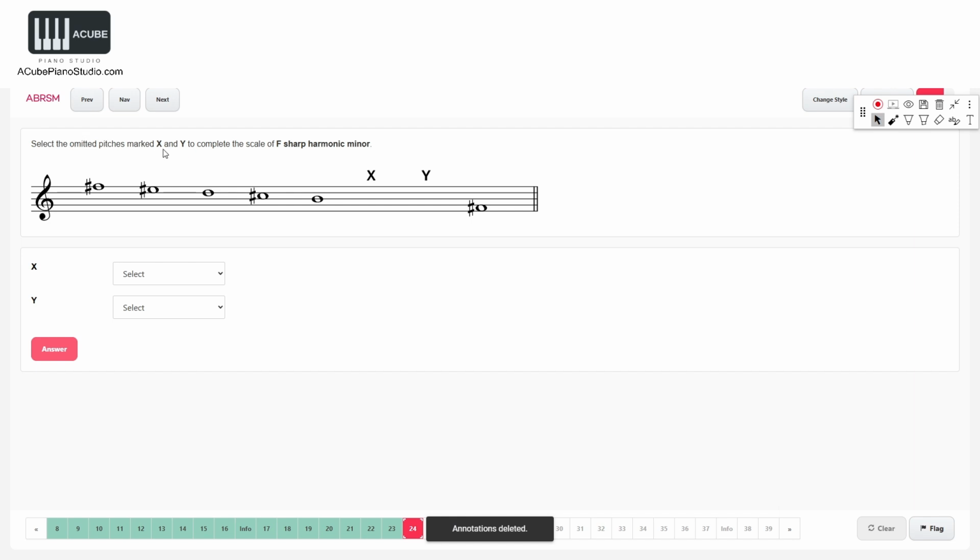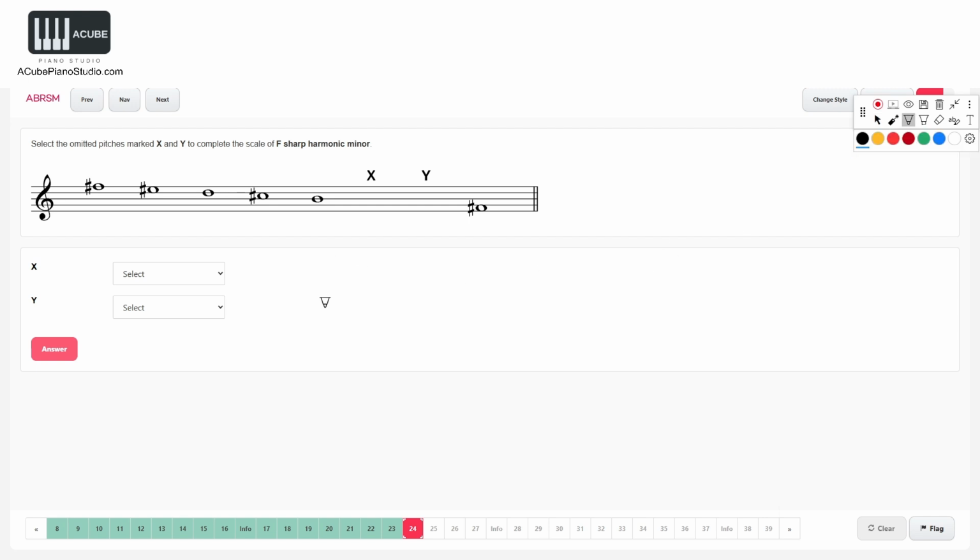Next, select the omitted pitches marked X and Y to complete the F sharp harmonic minor. So again, please refer to the key chart that you have written. For the ABRSM online computer-based exam, you're allowed to have white pieces of rough paper, and that is where you're going to draw out your key signature charts and also the pianos as working, to help you in the exam.